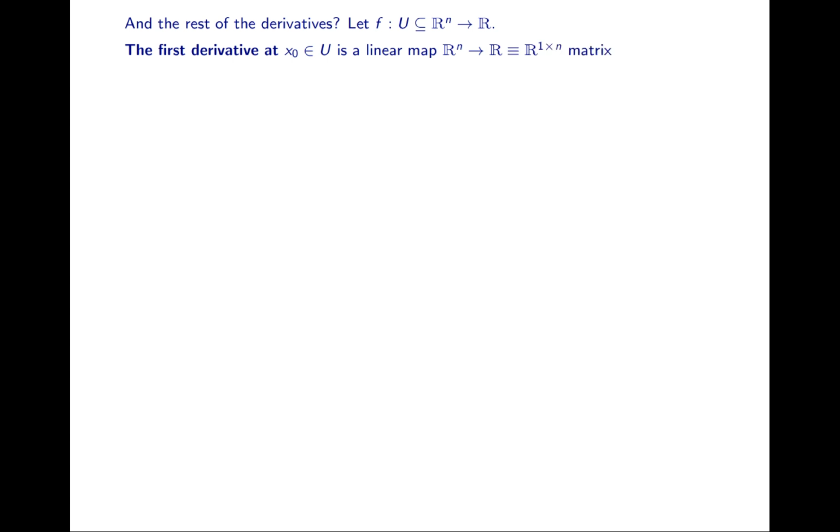And that's equivalent to a 1 by n matrix. Specifically, the derivative of f at x0 is the gradient transpose, so it's specifically that 1 by n matrix here.